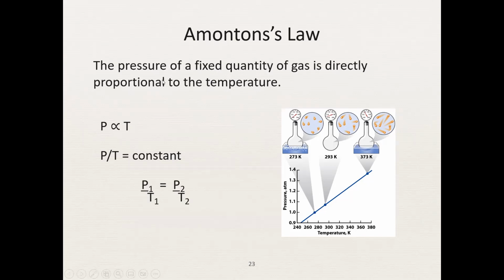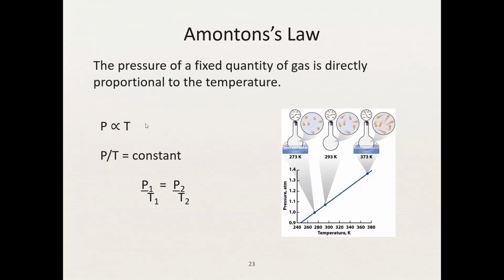And then with this next one, the pressure of a fixed quantity of gas is directly proportional to the temperature. And with this, you'll notice there's a very similar relationship.